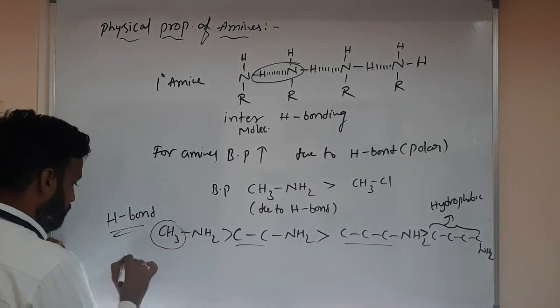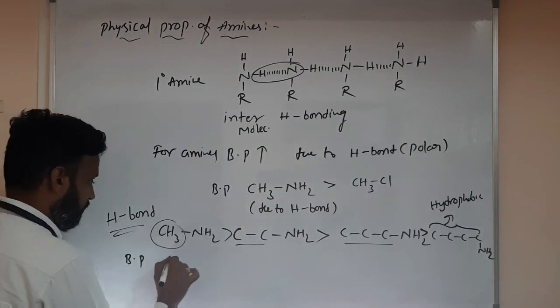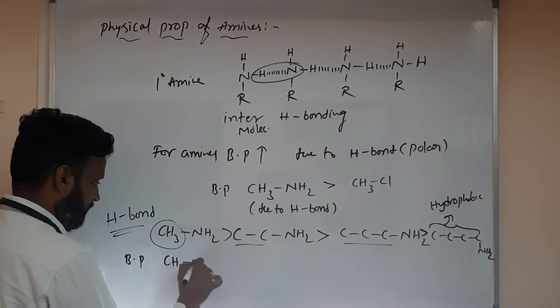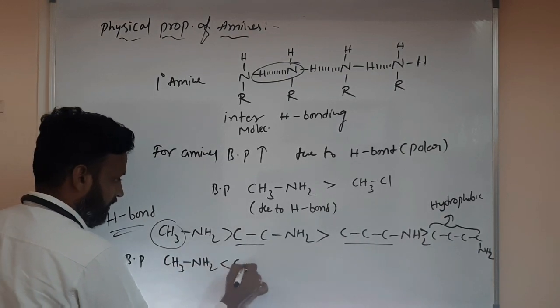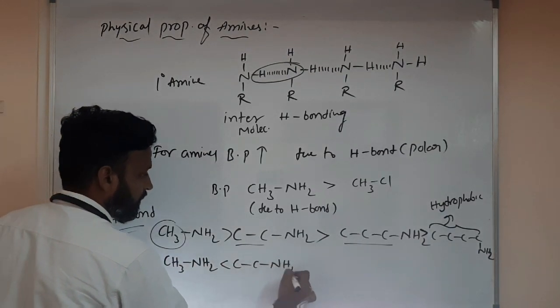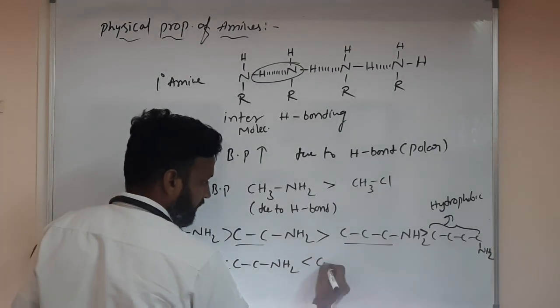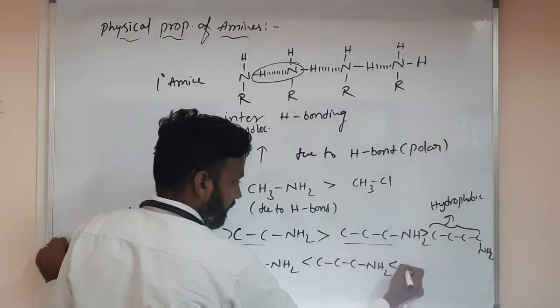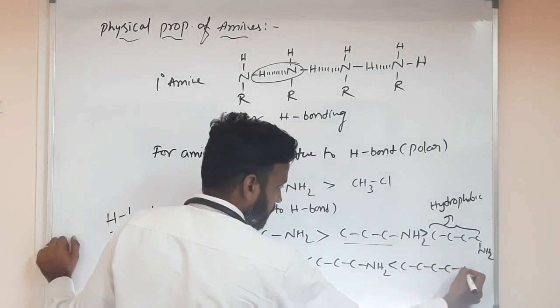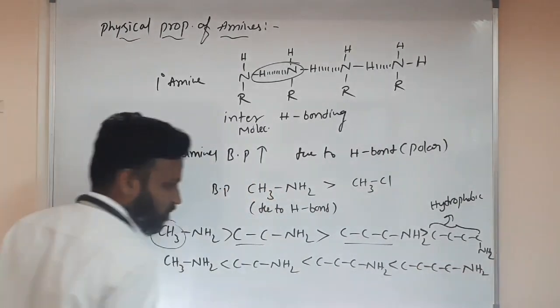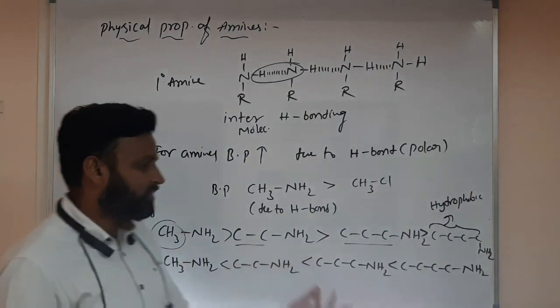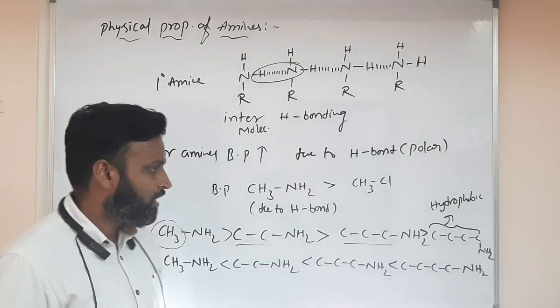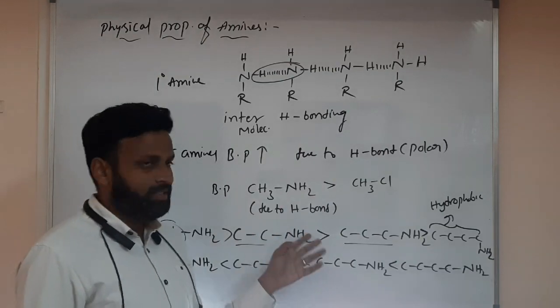So for the same molecules, if you want boiling point, CH3NH2, C2H5NH2 that means ethylamine, C3H7NH2 and C4H9NH2, 4 carbons NH2. What I am saying, understand? Then why do I consider hydrogen bond in amines?